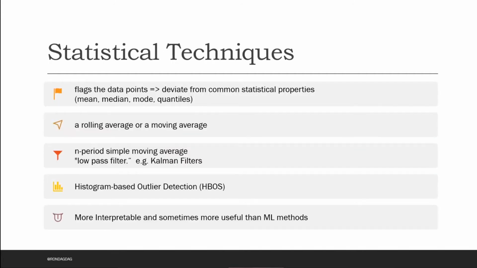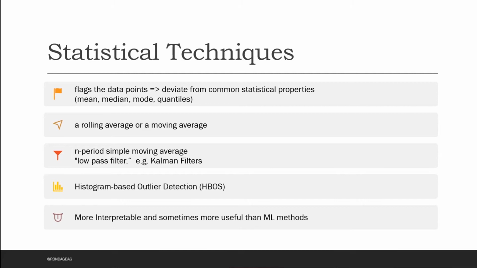Another approach is through statistical techniques, when you identify the mean, mode, the medians, those kind of things. You can also use rolling averages or moving averages to identify are there anomalies in my data.